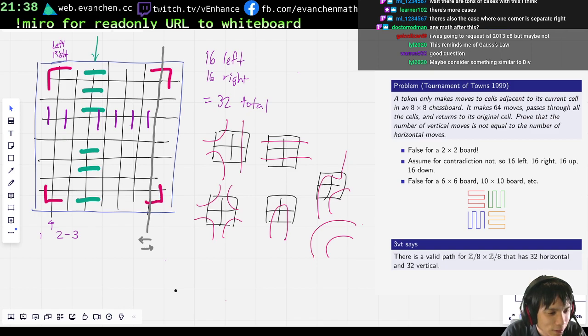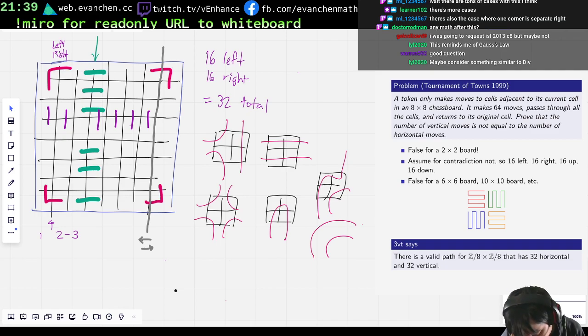Maybe consider div grad curl. Oh lord. I really want to use this incision thing though. I know there's 16 left, 16 right.